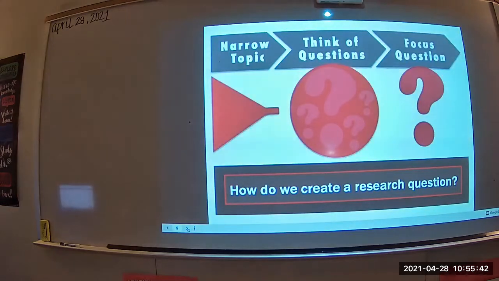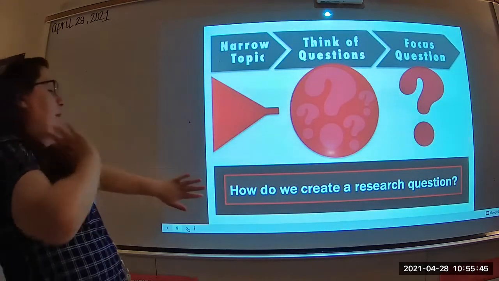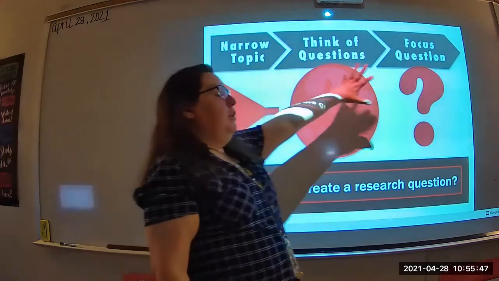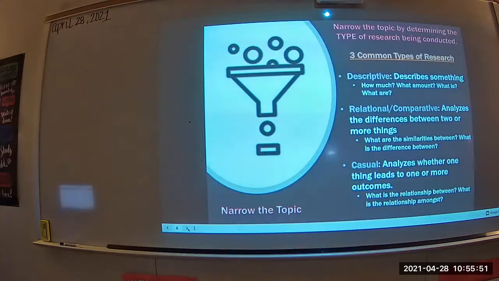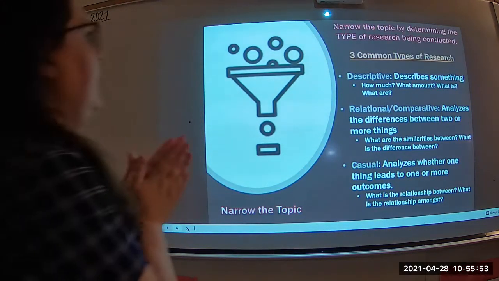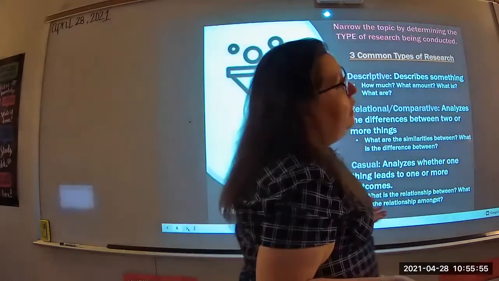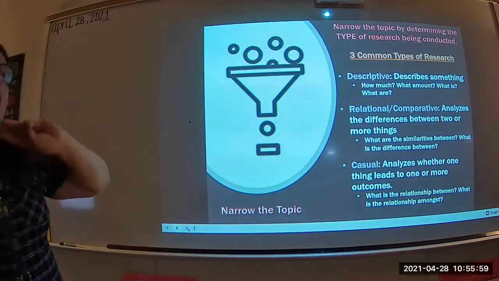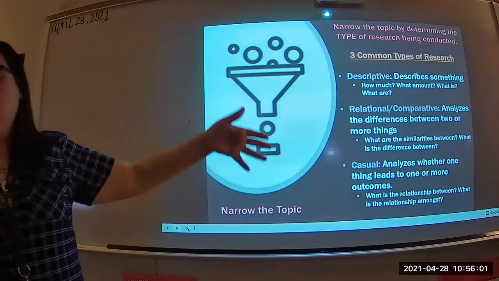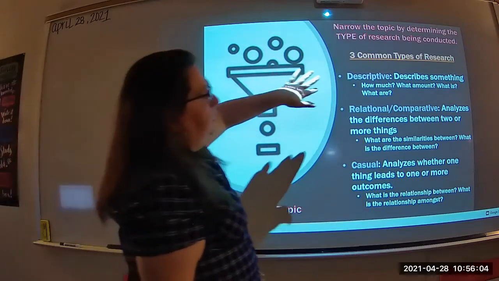So this is the process on how we create it. We're gonna narrow the topics, think of questions, and focus the question, okay? So the way we narrow it is by deciding what kind of research we wanna do. There's 3 main types of research. There are some other ones, but these are the most common. So we have descriptive.